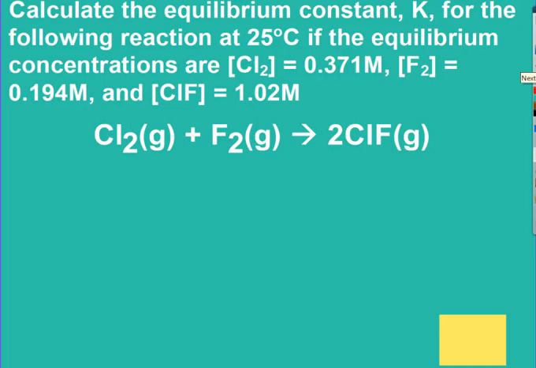These problems say calculate the equilibrium constant for the following reaction, and they give you equilibrium concentrations for everything. So step one is write your equilibrium expression. Restart when you have your equilibrium expression.